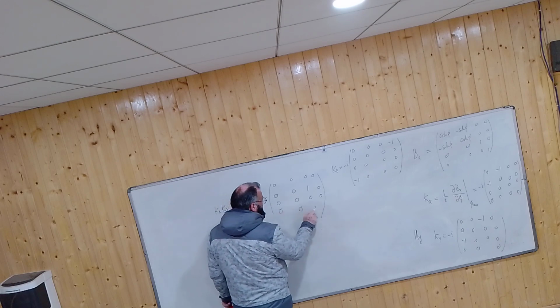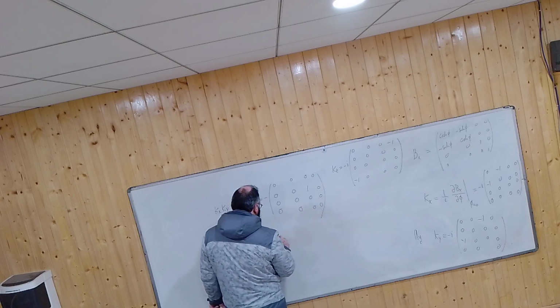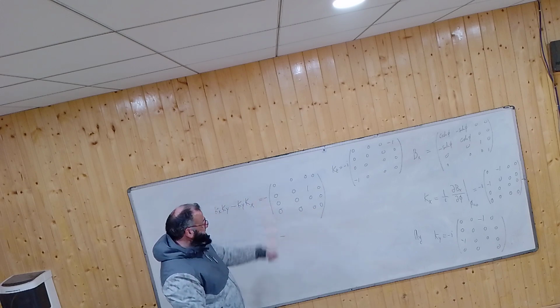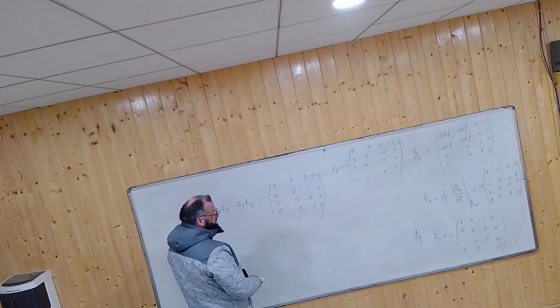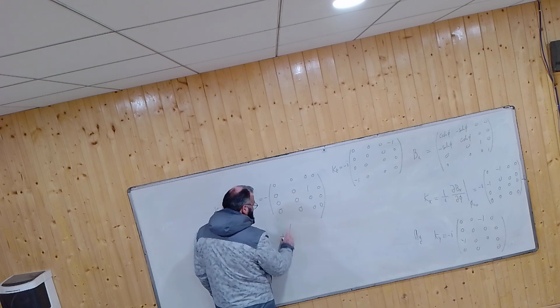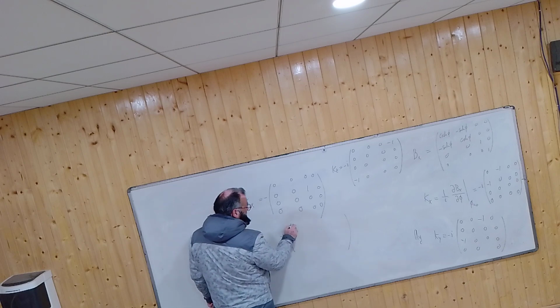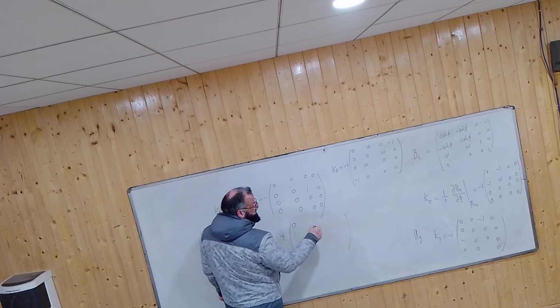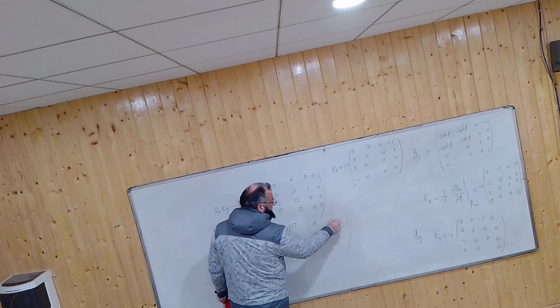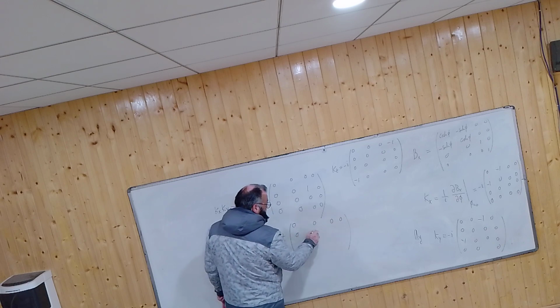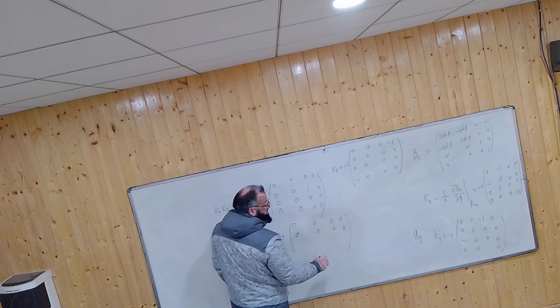Okay, so it's like this. Then minus ky kx the other way. So it's minus and minus, it will be plus. Now let's check it. What will it be? 0, first element, then 0, 0, 0. Clear? So you have 0, 0, 0, 0 because all are zeros.